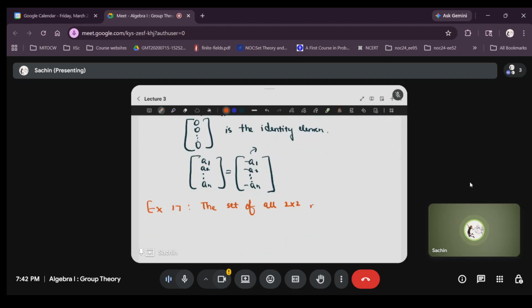The set of all 2 by 2 matrices with non-zero determinant with entries from, so earlier we had only entries from real numbers, but now we can change it to rational, real, complex numbers, or even Zp, where p is a prime.